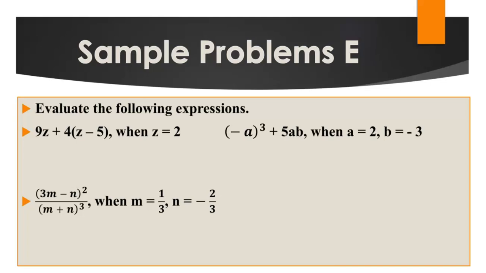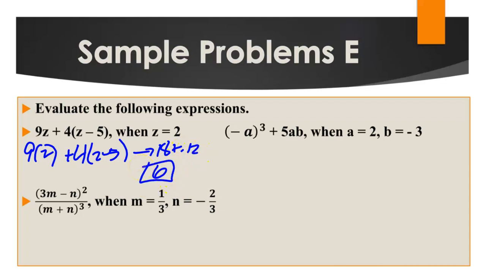Next, evaluate the following expressions. z is 2, so this would be 9 times 2 plus 4 times 2 minus 5. This is going to give us 18 plus 2 minus 5 is negative 3, times 4 is negative 12. This is going to give us a total of 6.